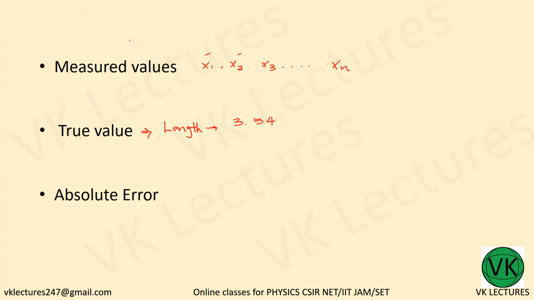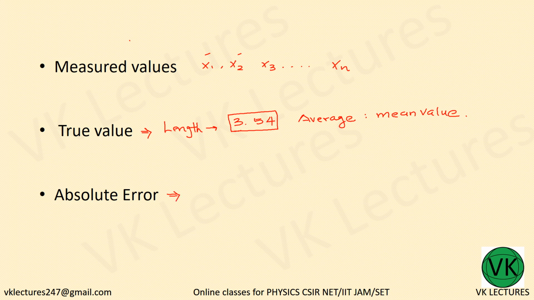This particular value is called the true value, or the average, mean value. Now then, what is the absolute error?